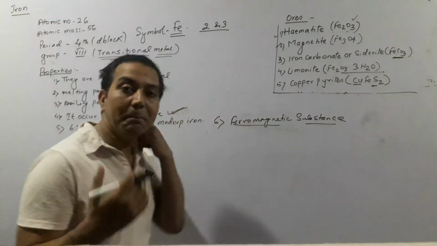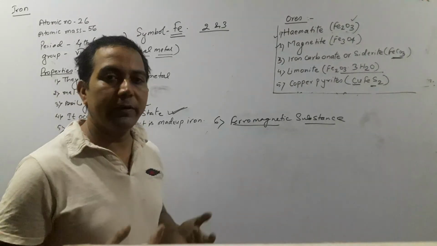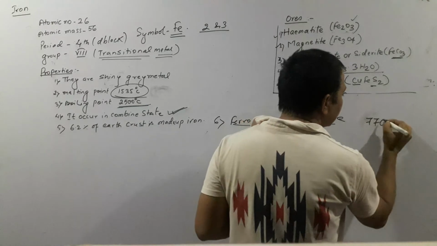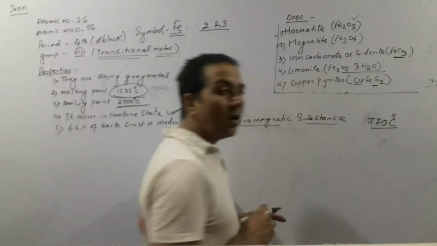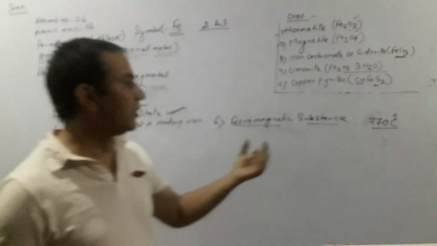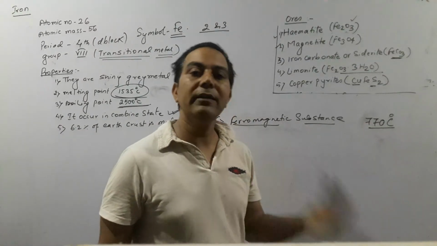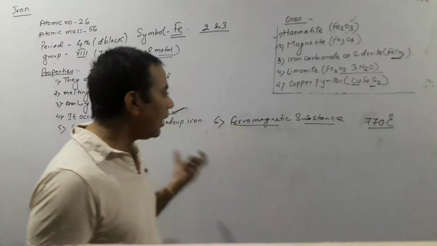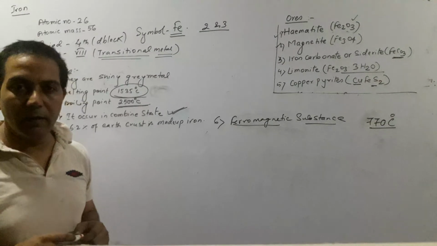We can make magnets from it, but it loses this property when the temperature is increased to 770 degrees Celsius or above. The ferromagnetic properties of iron will be lost if we heat it above 770 degrees Celsius. That is another property of the metal.